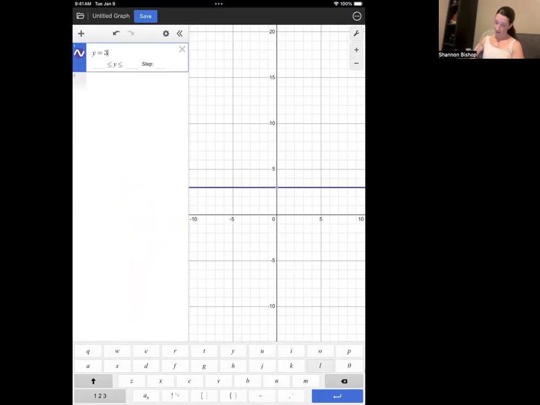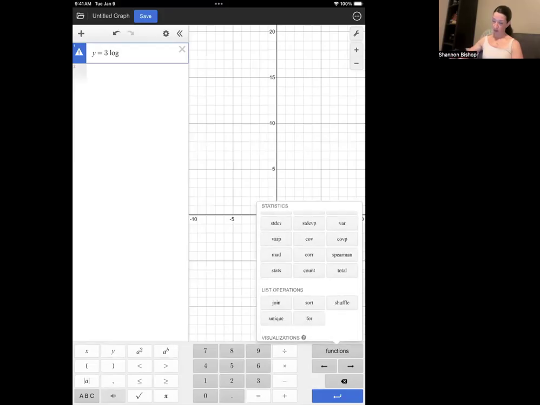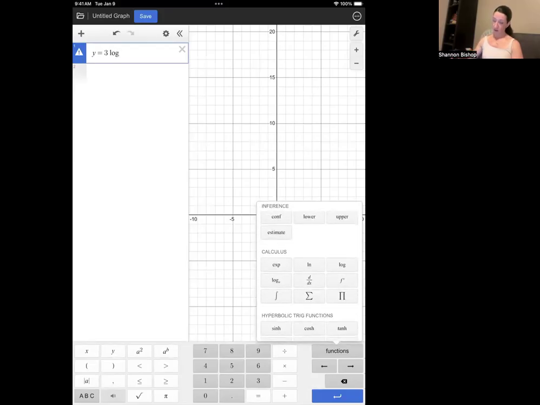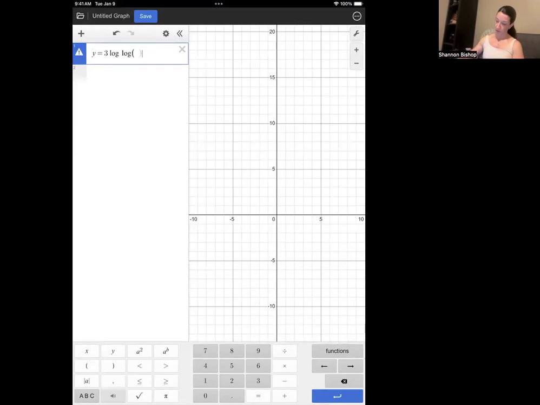It's a regular log, so you can either just type log or you can go into functions, but this time you wouldn't be choosing the log base button. You would just be choosing the regular log button right there. And then the input variable was W, but on Desmos, just a basic X.